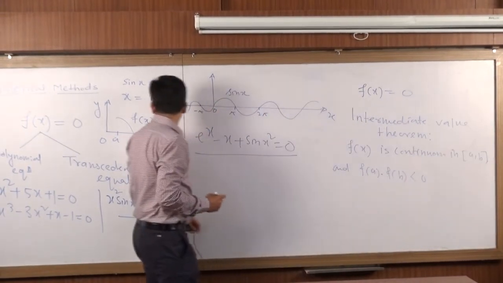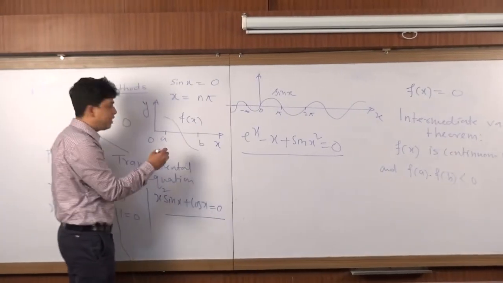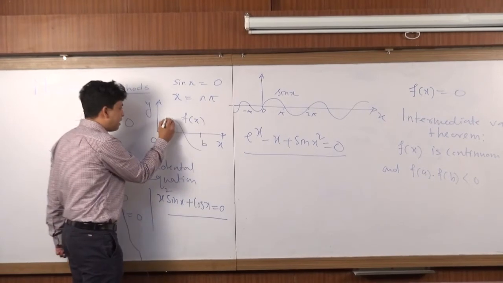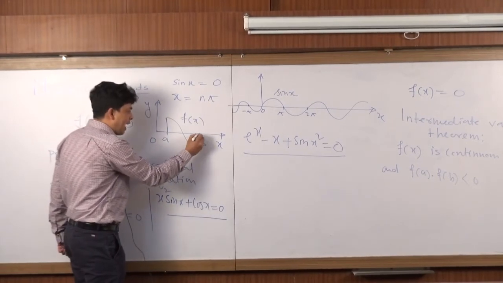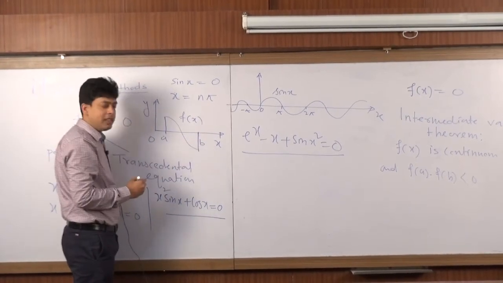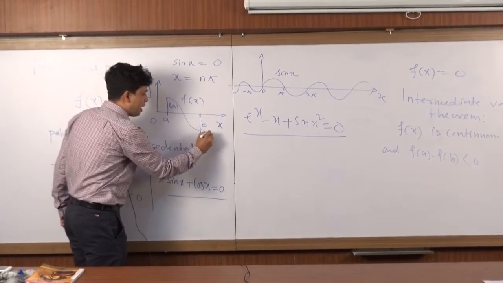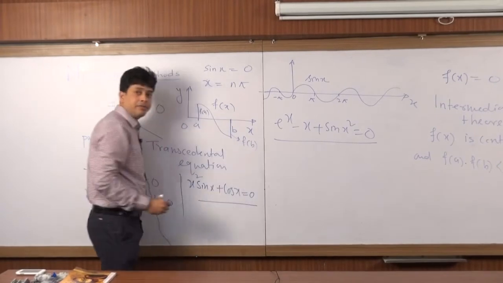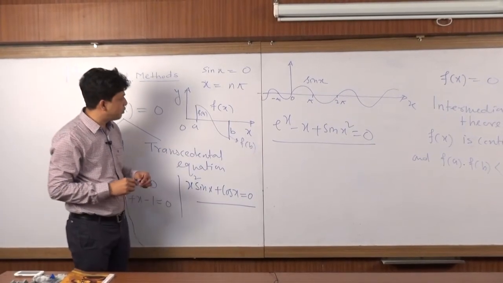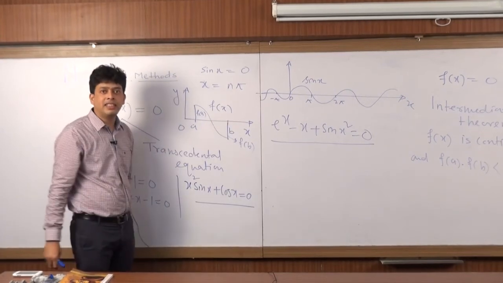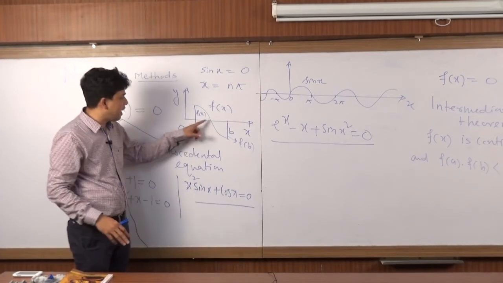From this graph we can easily verify this theorem. Suppose this is the function; at a the value of the function is f(a), and at b the value of the function is f(b). It's very easy to verify that if f(a) into f(b) is less than 0, if their product is less than 0, then there must exist one real root.